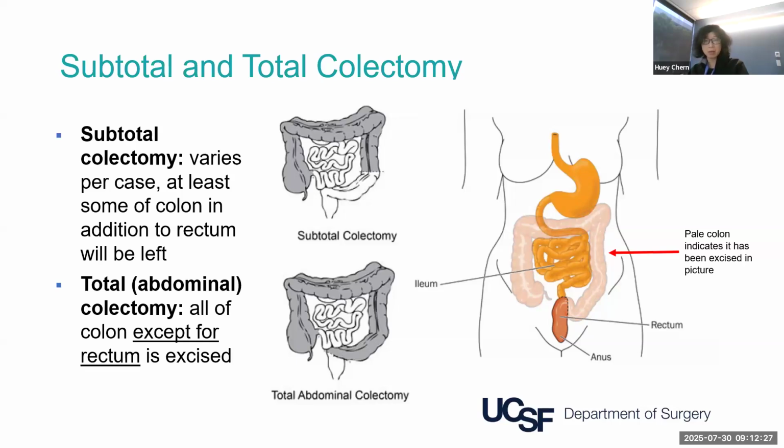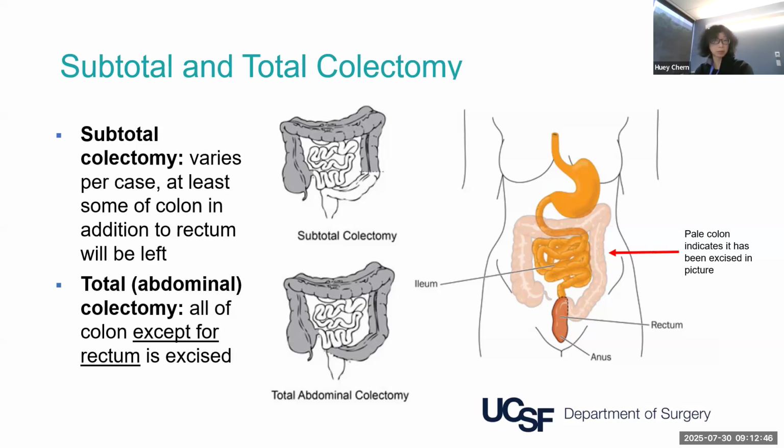On the right-hand side, you'll see again, this is a total colectomy, so the rectum is preserved in this case, and one can create an anastomosis between the ileum and the rectum.